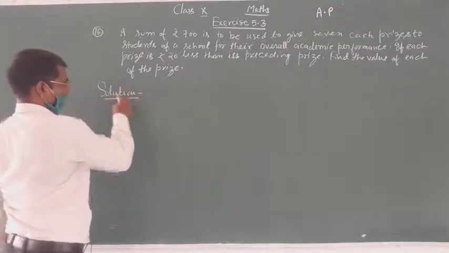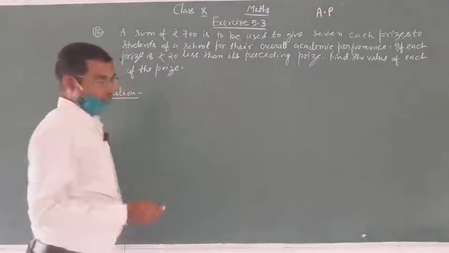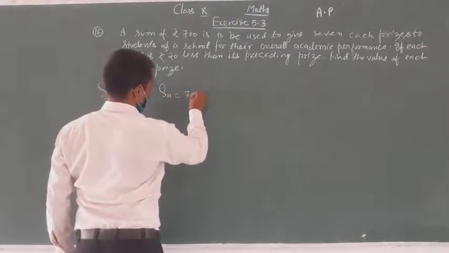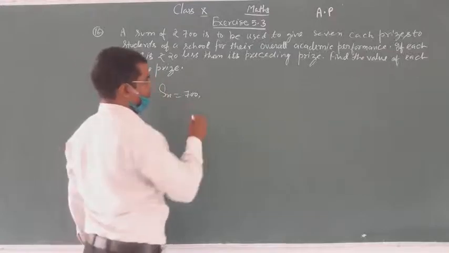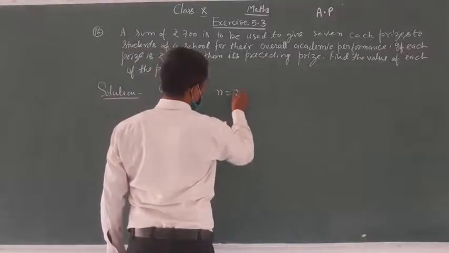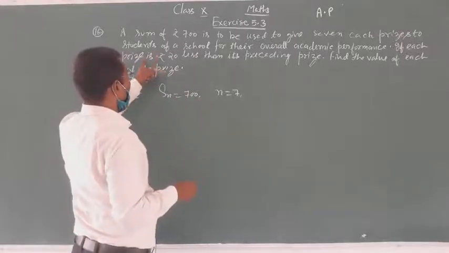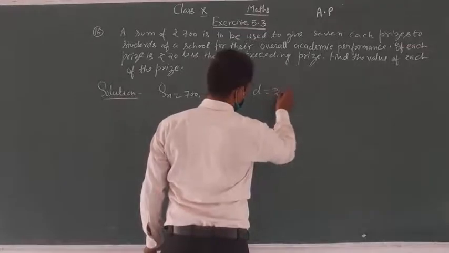Solution. The sum of the total prizes Sn is equal to 700, divided into 7 parts. So n is equal to 7, and each prize is 20 less than the preceding one, so d is equal to 20 rupees.